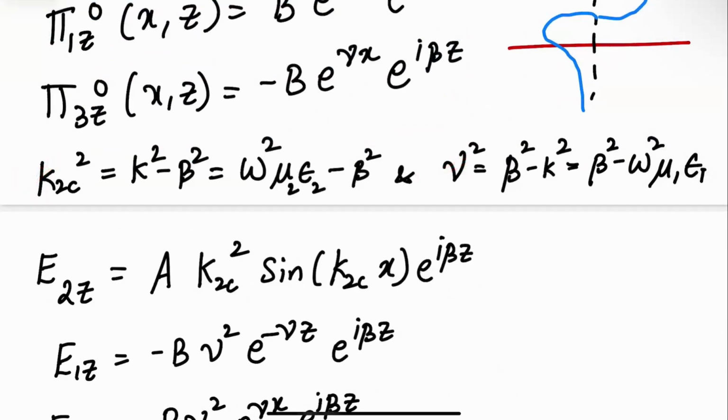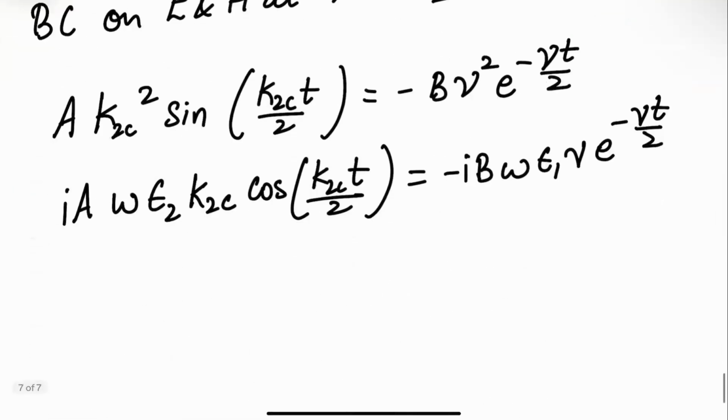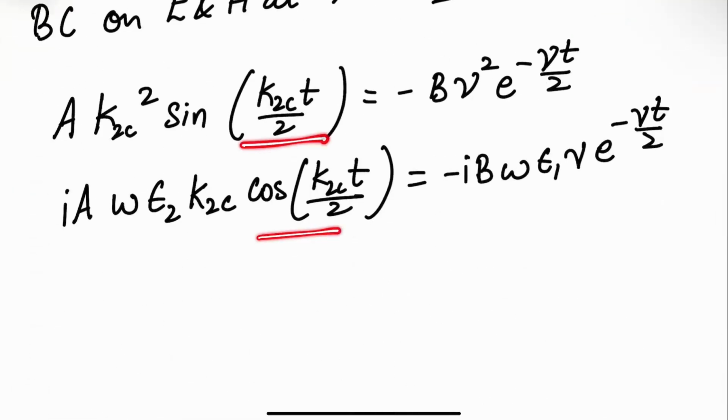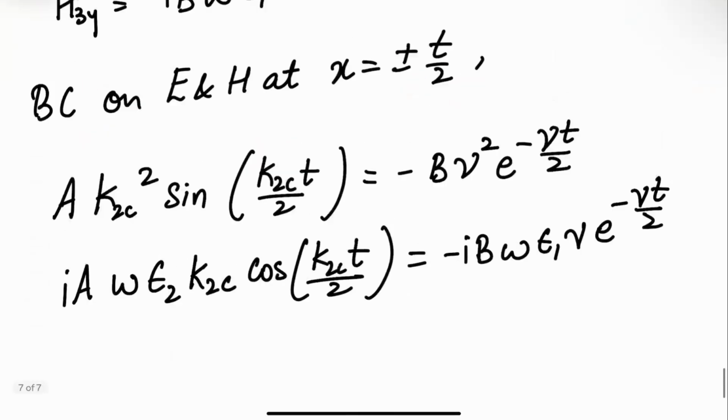So we have 2 equations here, and then we have 2 more equations here. And we need to solve for A, B, nu, k2c, and beta. Okay, so we have 5 unknowns essentially, and 4 equations, which makes sense because you can't solve for A and B independently. You can only solve for their ratio, right?